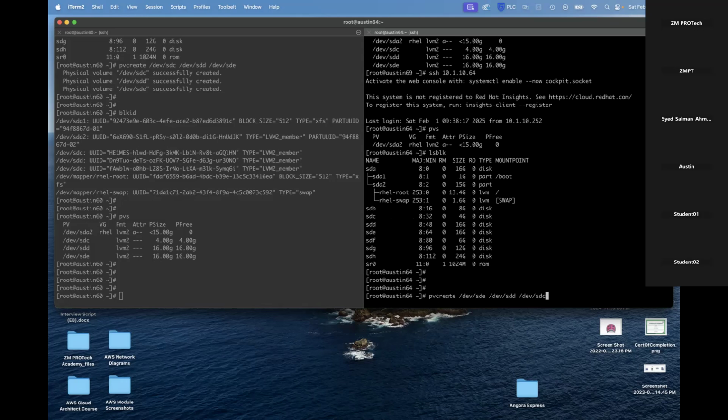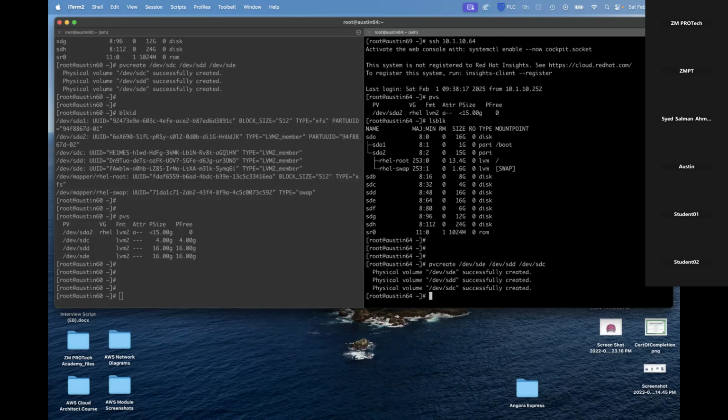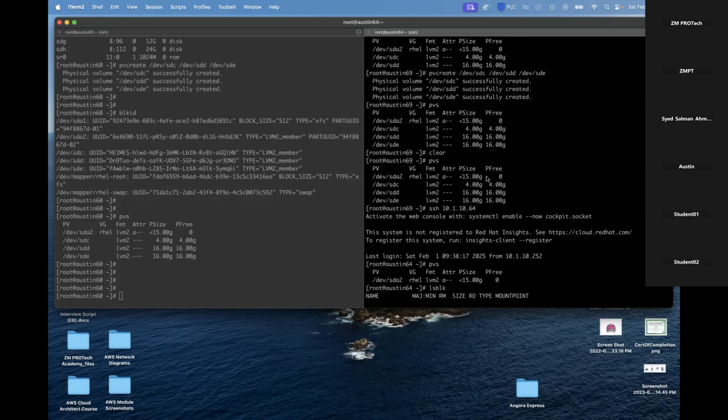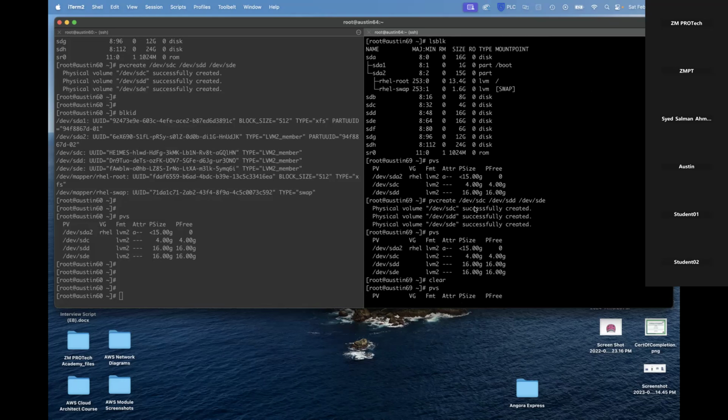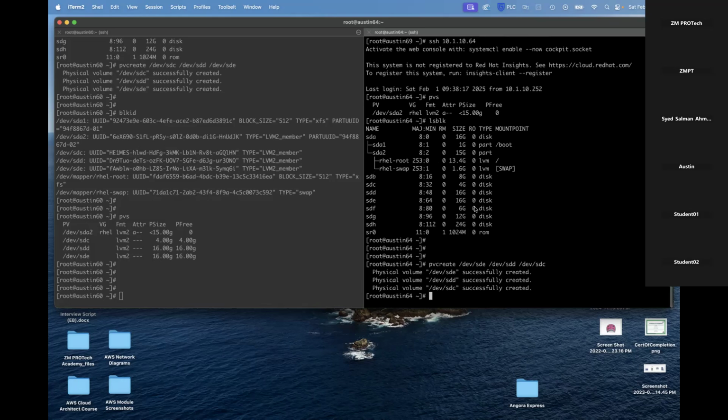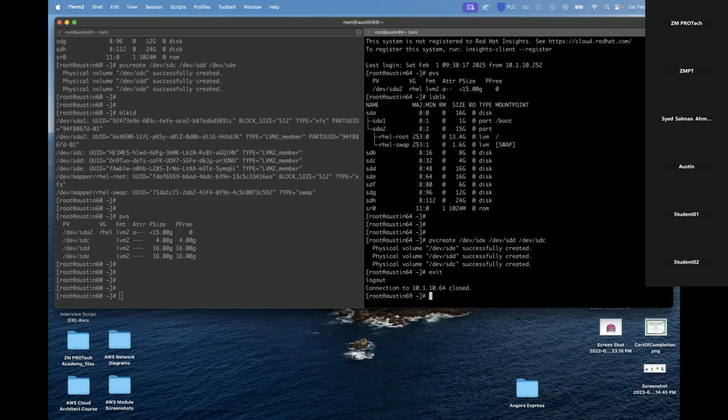SDC. Oh, I did it. Why would I... I don't know. Maybe I did it the other way. There must be some kind of typo. See, I put a slash after SDE. You see right here? That's why it couldn't find it.